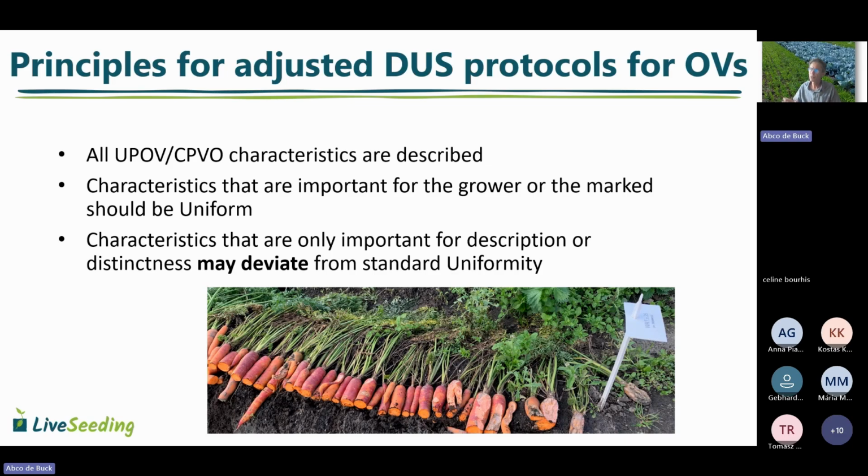So there is a separate category for those two, meaning that uniformity is relative to the type of varieties, F1 hybrids or open pollinated varieties. So there is room for looking at another way to uniformity.